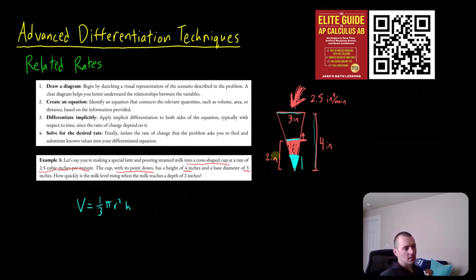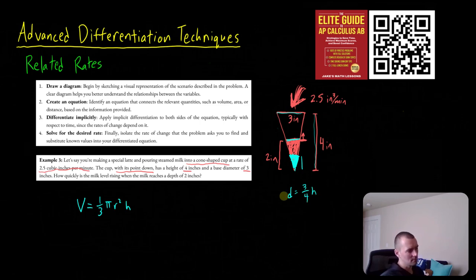But what that allows us to do, knowing that the diameter is going to be 3/4 of the height, is say that the diameter in general of this milk cone, whatever level it's at, is going to be 3/4 of the height.